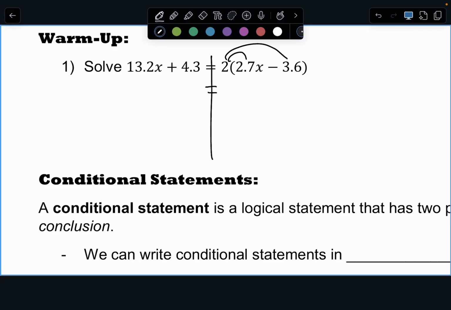So on the right-hand side, we distribute. 2 times 2.7 is 5.4x, and then 2 times negative 3.6 is negative 7.2. The left-hand side, I'm just going to have it stay the same for now.